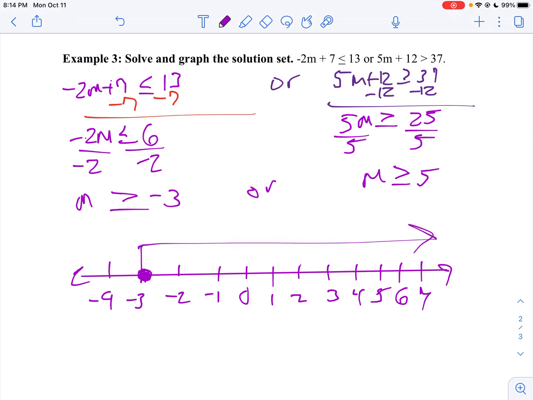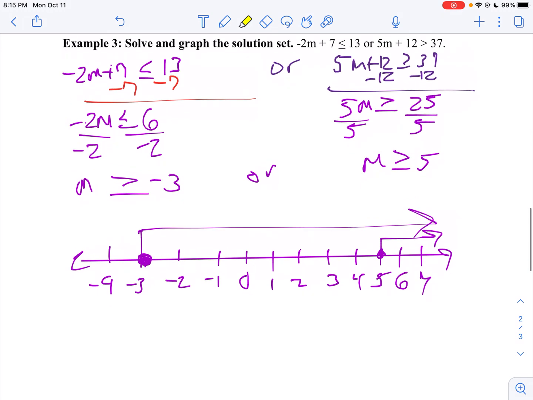Or greater than or equal to 5. Well, actually, since they're both greater than, the first inequality includes them all. So your solution is just from negative 3, we're going to shade to the right. Because with the word or, it's one or the other. In this case, they just both overlap, so we include both of them.